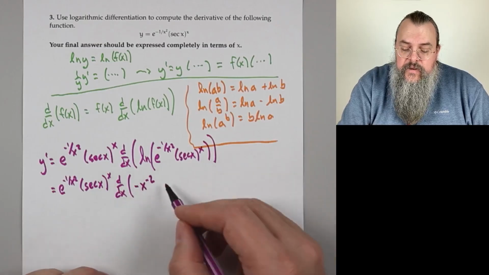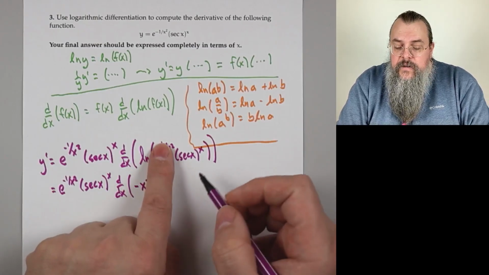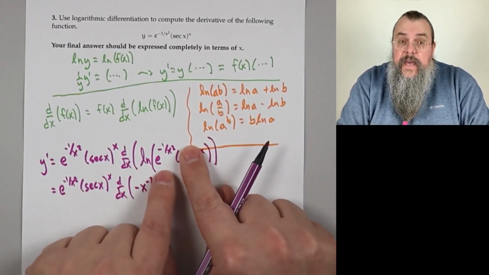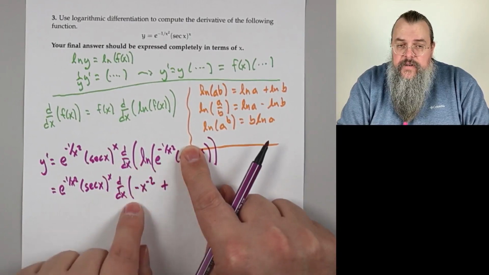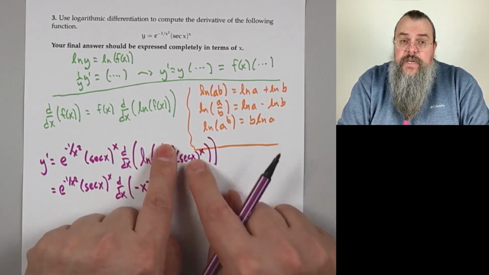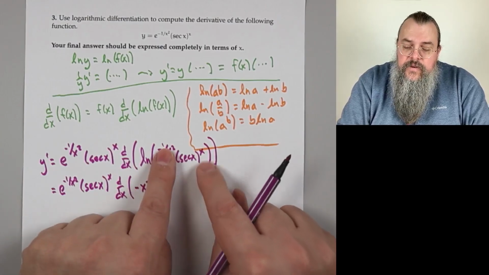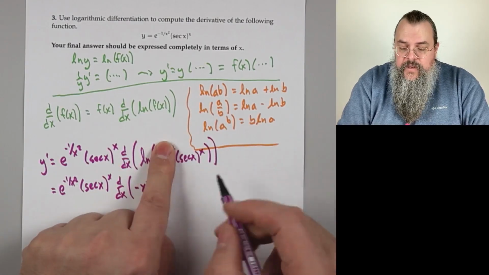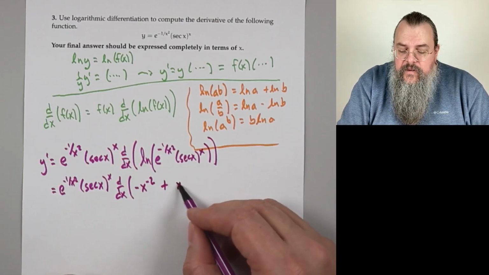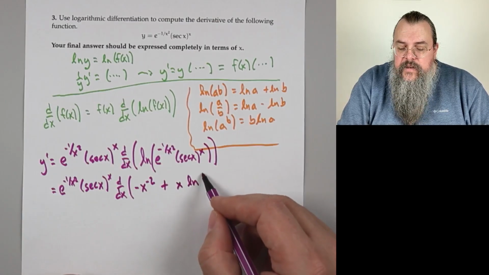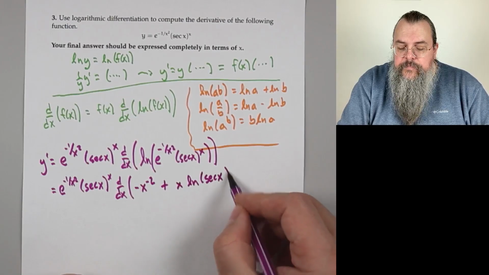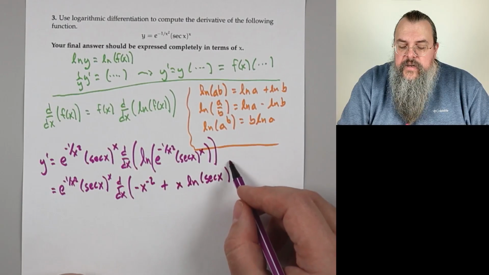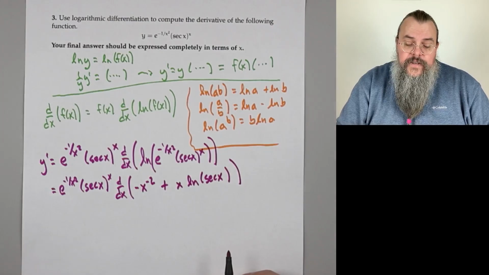And then plus, now, because it's natural log of a, that's that part. And then we're going to do natural log of b. And again, we see a power, so we can put that all the way down. So that'll become x natural log of secant of x. And there we go. Good.